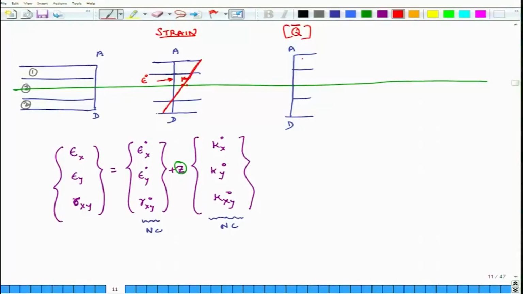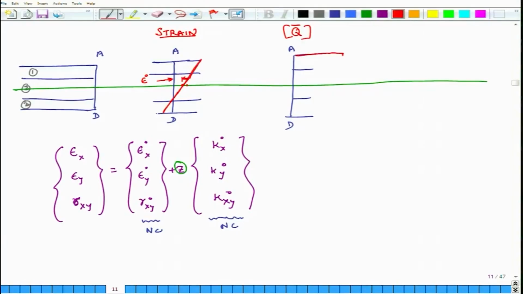If it is sudden, it means the Q bar matrix for the entire first layer will be constant because it is the same material and same angle. But for the second layer, if theta changes, then suddenly Q bar will change, and then for the third layer it will again suddenly change. So, the Q bar matrix changes suddenly.